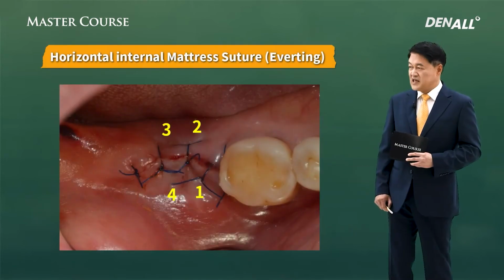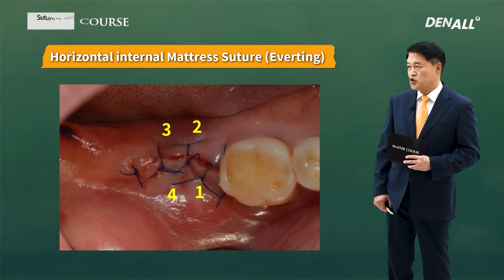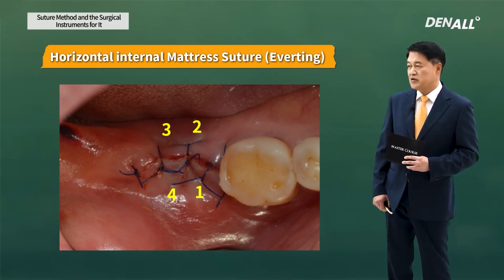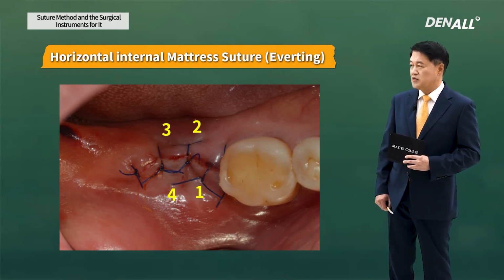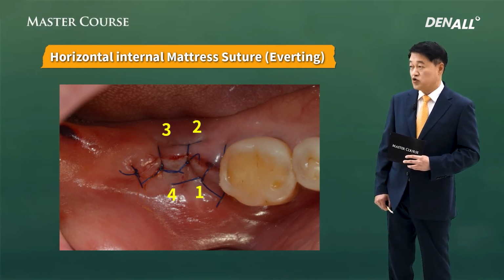And this is a clinical photo. First, you have the interrupted suture, and in the important part where you have done GBR, the horizontal internal mattress suture is done, so the tissue is everted, to help primary closure. So you go in buccal, go out lingual, and then lingual go in again and go out to the buccal again.